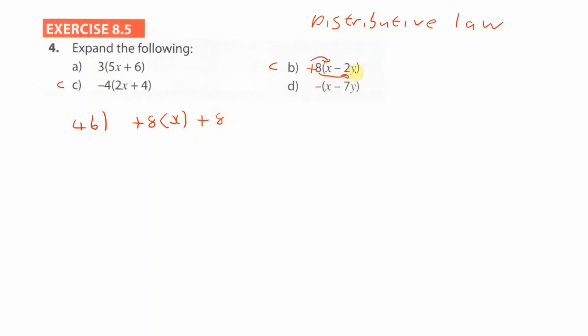And now we multiply by the second term, which is inside the bracket, which is negative 2y. So we have positive 8 times x. We know multiply we can simply write as the number and the letter of the alphabet next to each other, or the coefficient and the variable.